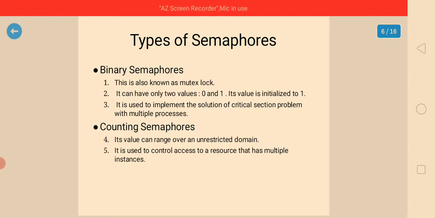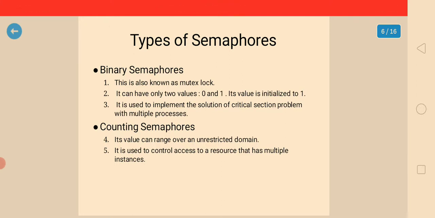Types of semaphores: binary semaphores and counting semaphores. These are the two types of semaphores. The first one, binary semaphores, is also known as a mutex lock. It can have only two values, 0 and 1.